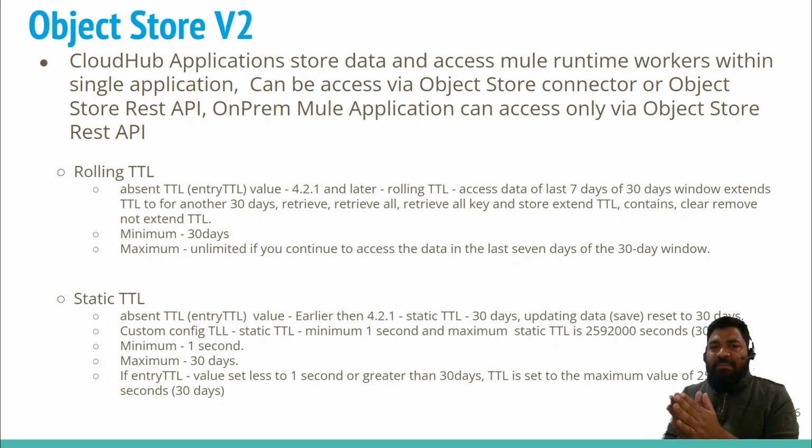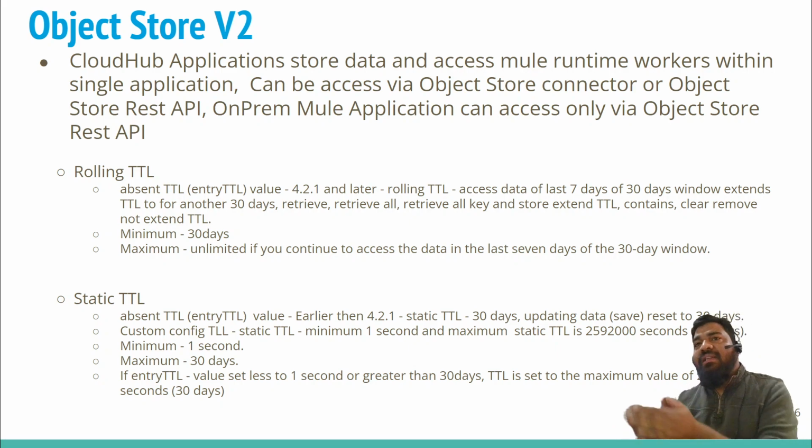So guys, let's take focus here. We are deploying our application on CloudHub, and there is no object store reference given, so rolling and static TTL are going to be defined. What is rolling TTL and what is static TTL? I'm going to explain. If you deploy your application on 4.2.1 and later, rolling TTL is applied.